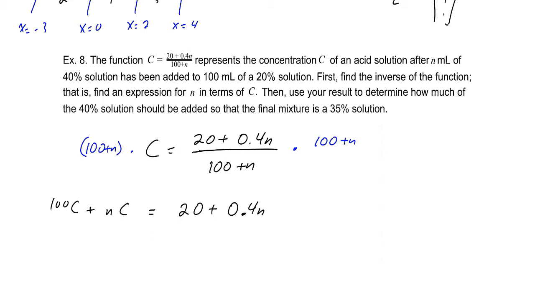Now we want to solve this for n. So we need to get all of our terms with n on the same side. So I'm going to subtract nC is what I want to do. Actually, no, let's go the other way. I'll make it on the right side. So subtract 100C and subtract 0.4n.